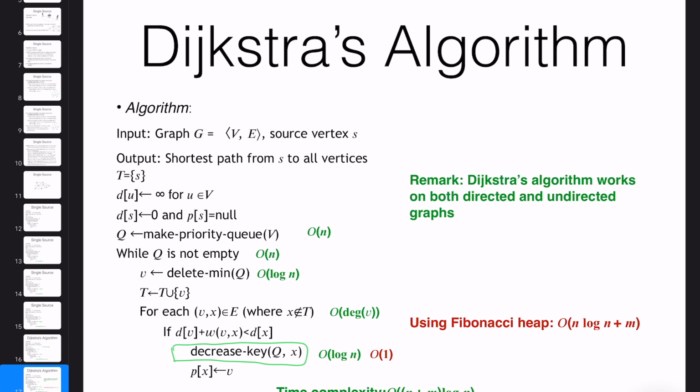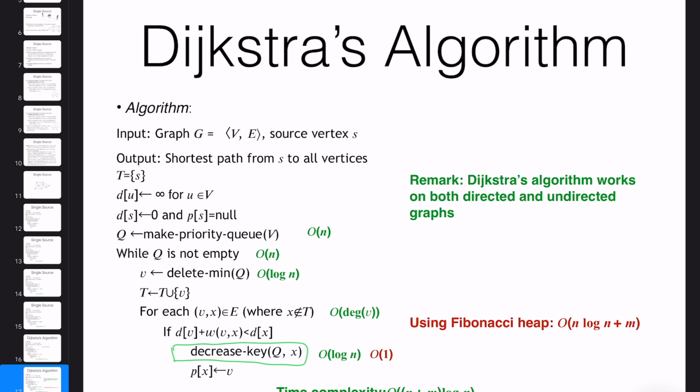We know that updating the key in a binary heap, something that we have discussed in COMP359, is going to be the cost of percolating up the node. So that cost is log of n.